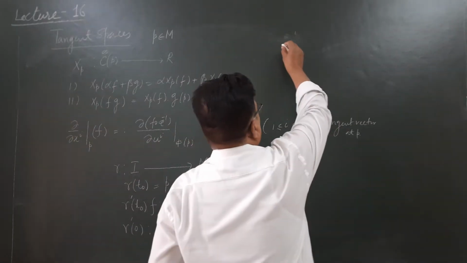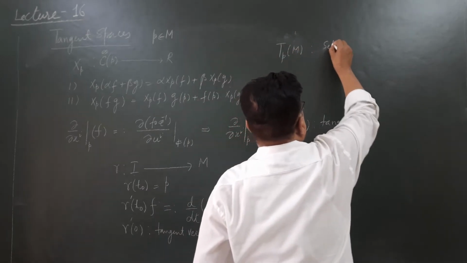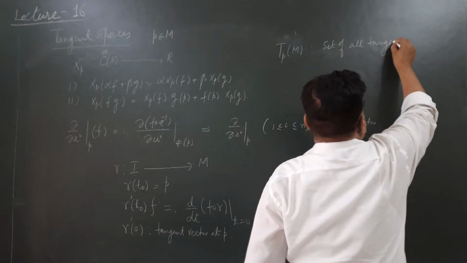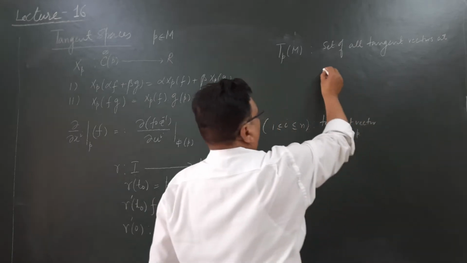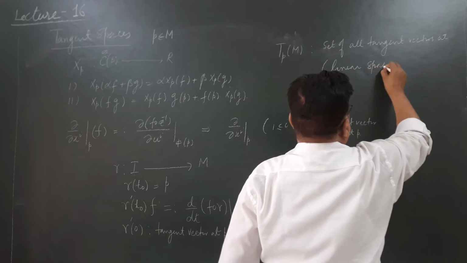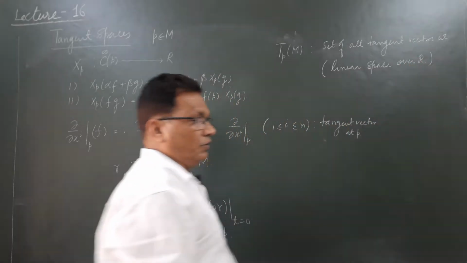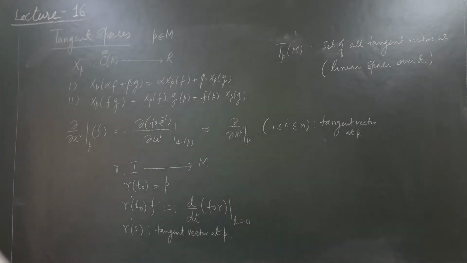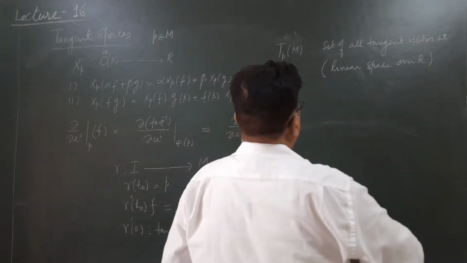The notation for the space of all tangent vectors is T_P M. This is the set of all tangent vectors at P, and we realize that it is a linear space over R. So, to every point of a manifold, you can associate a linear space, and we call it the tangent space.